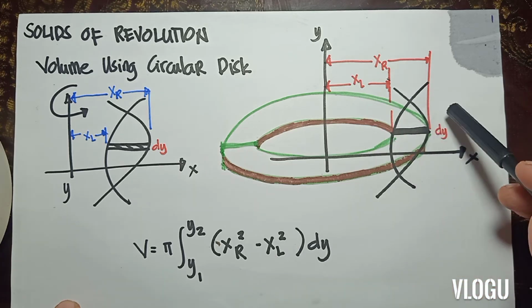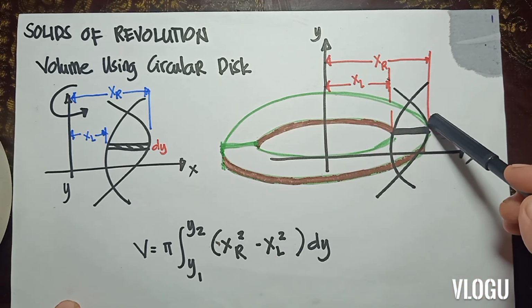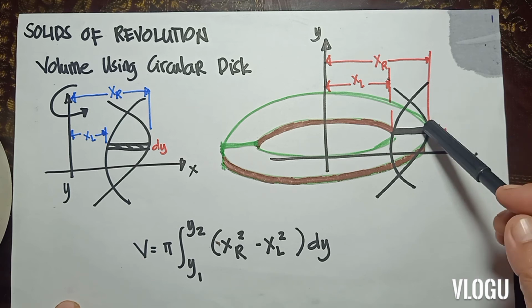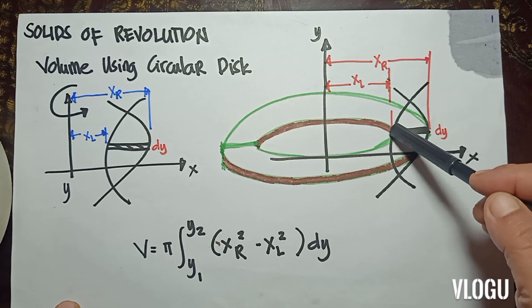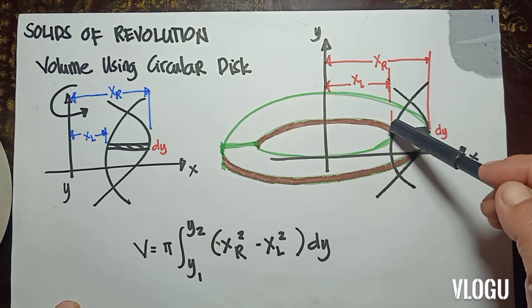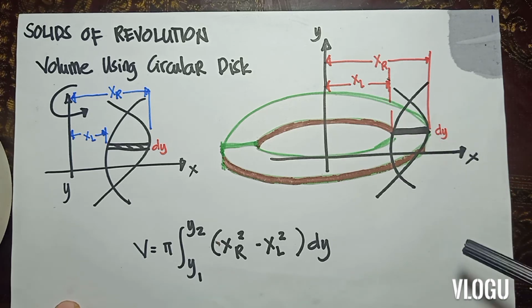Here, x right is the equation at the rightmost portion, and x left is the equation at the leftmost portion.